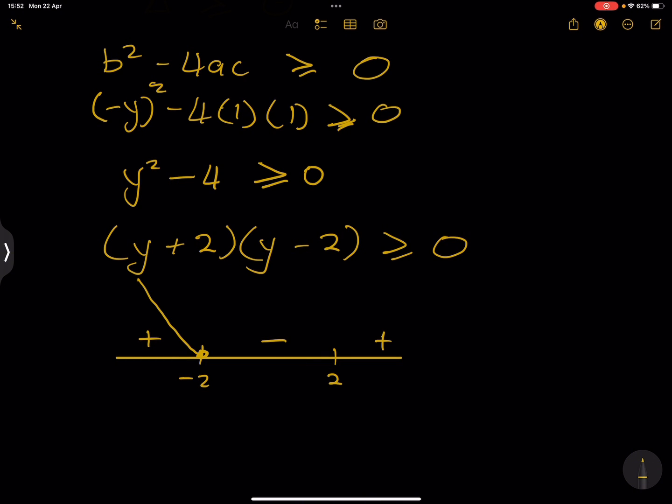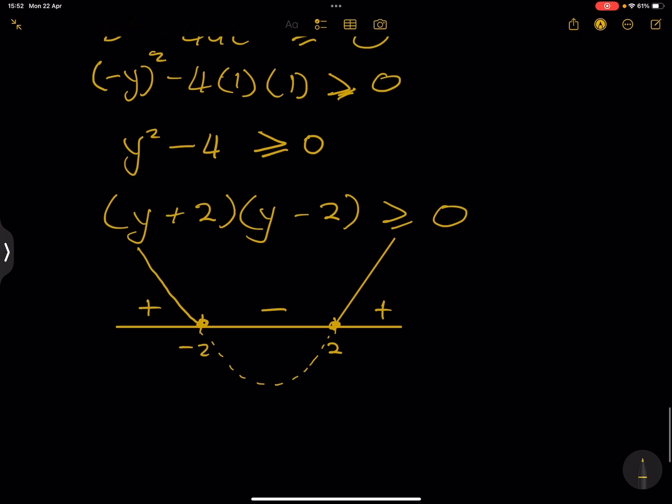Anything from negative infinity, anything from 2 all the way to infinity. So where is the graph positive? It's positive where y is an element of negative infinity all the way till negative 2. Now it is included in this case, and where we've got 2 all the way to infinity.